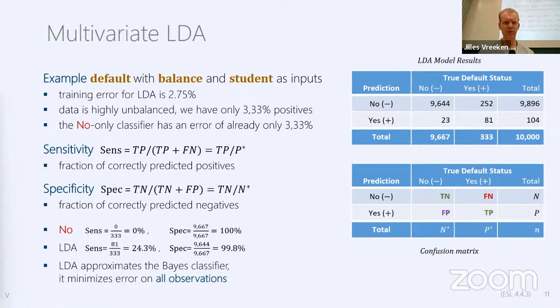Before I continue, let me introduce a bit of terminology, because these 4 quadrants have standard names. When we say no, and it is no, that's a true negative. When we say yes, and it is a yes, it's a true positive, right? On the off diagonal, if we say no, but it is a yes, that's a false negative, because we falsely said no. And then we also have a false positive.